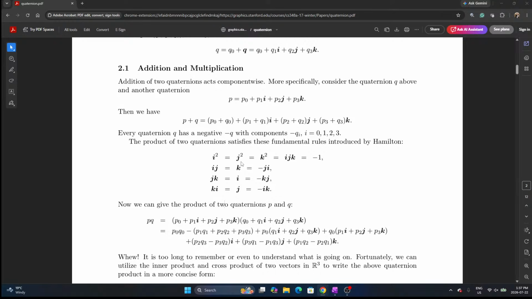From these laws, i squared equals j squared equals k squared equals ijk equals minus 1. We've seen earlier that ij is k. Suppose now we need to show jk is i. How do we proceed?